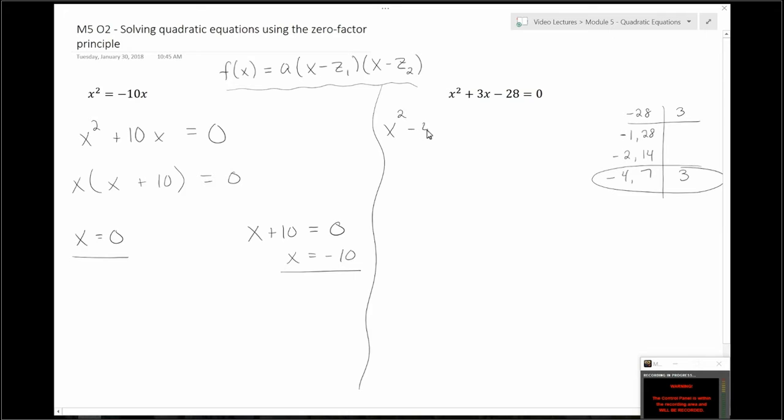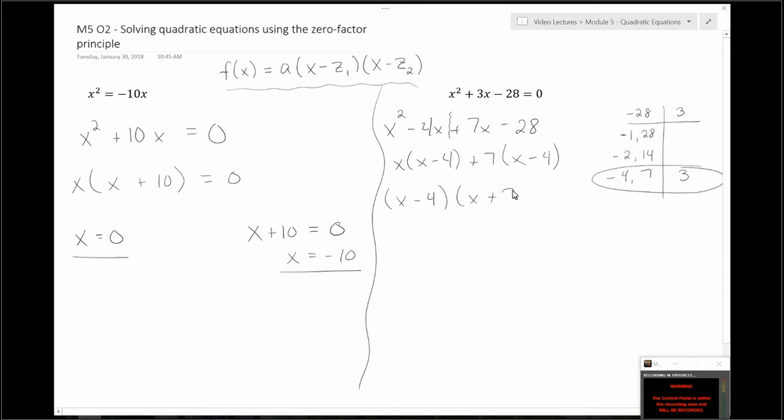to break up our middle term, because now we can factor by grouping. I can factor 7 out of these two terms. Now I can factor out x minus 4. And I'm left with that x plus 7.